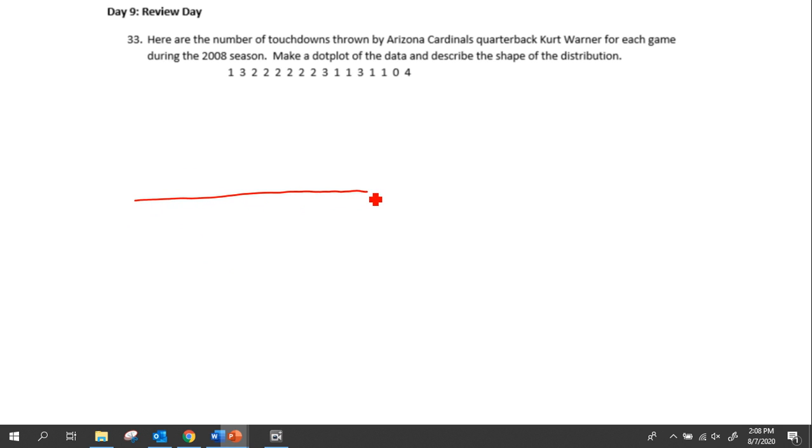So if I draw my number line, I'm going to have 0, 1, 2, 3, and 4.